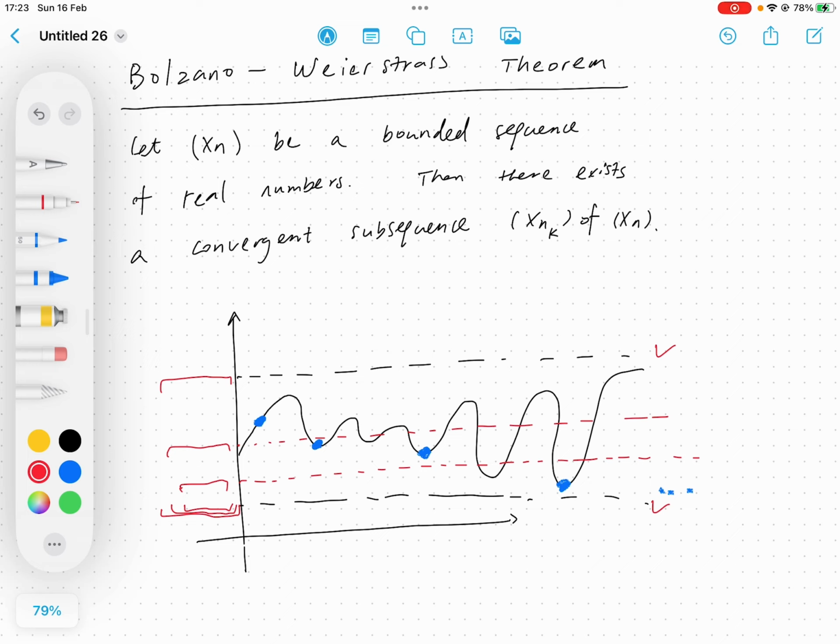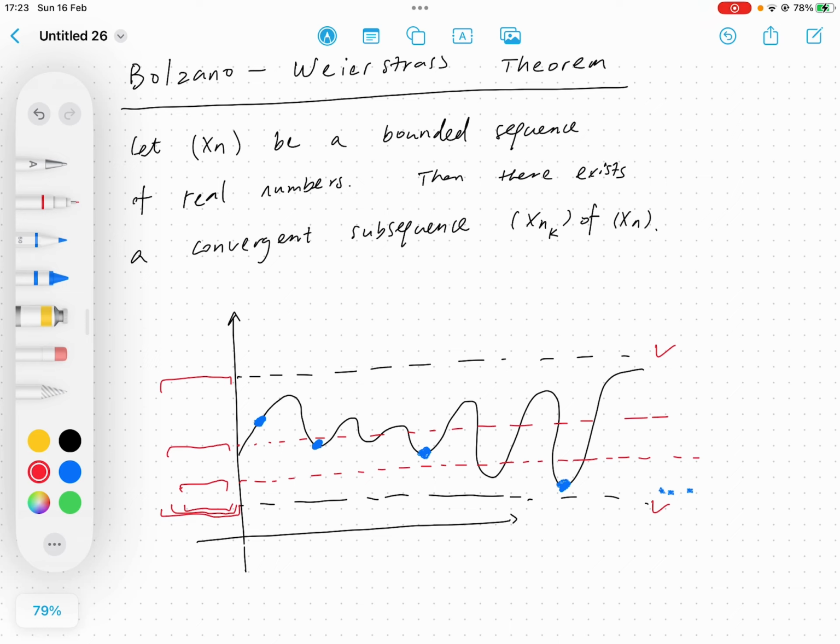We can see all those blue dots that I pointed out on this sequence; we can simply take them as a subsequence. By the definition of a subsequence, it is still a sequence, but those points are selected from the original sequence and still keep the same order.